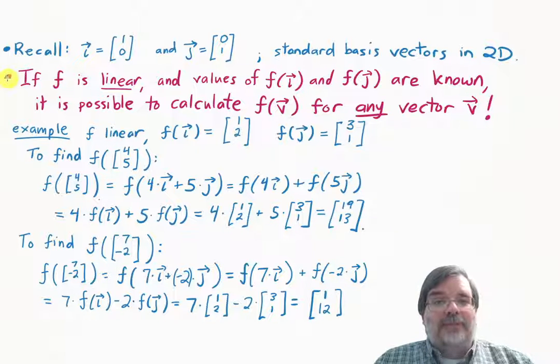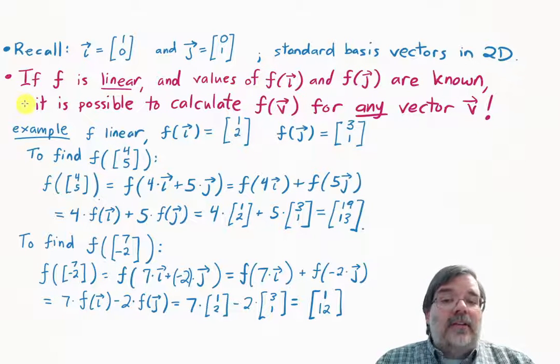So it turns out, this is really important, this is why I've written it in red, if f is a linear function, meaning it satisfies those two equations we just saw, and if you know the values of f of i and f of j, then you can calculate the value of that function at any vector v, even if you don't know what the formula for the function is.